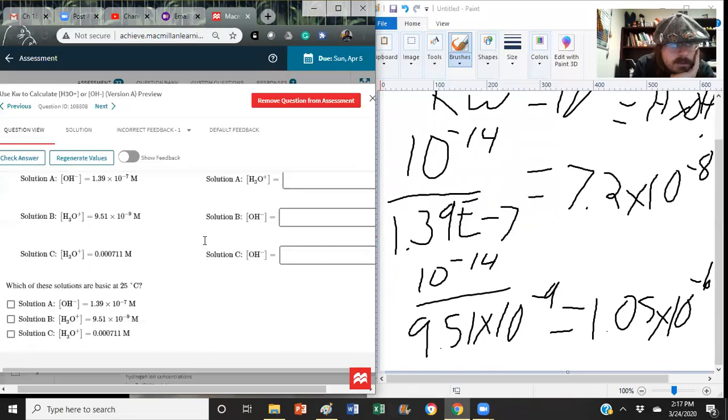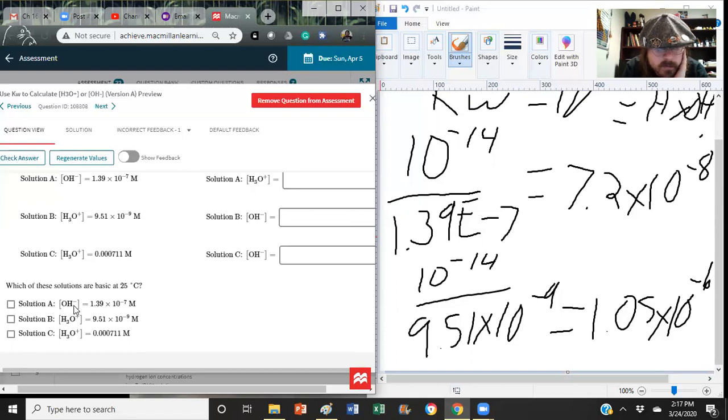The final part of this question is whether the solution is acidic or basic. Well, to be basic, you would have to have greater than 10 to the negative 7th concentration of OH. So if the amount of OH is greater than 10 to the negative 7th, then it is basic. I'll just give you this one. A is indeed basic.